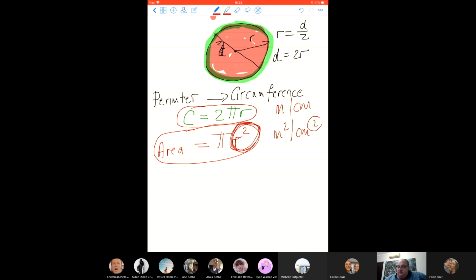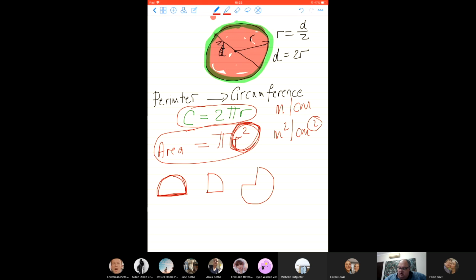Now it's easy to follow the formulas, but sometimes you get half a circle, something that looks like this, or you get a quarter circle, something that looks like this, or you even get 3/4 of a circle that looks like this. If we're talking about perimeter, in the first shape it is just halfway around, and remember, this straight line also includes our perimeter.